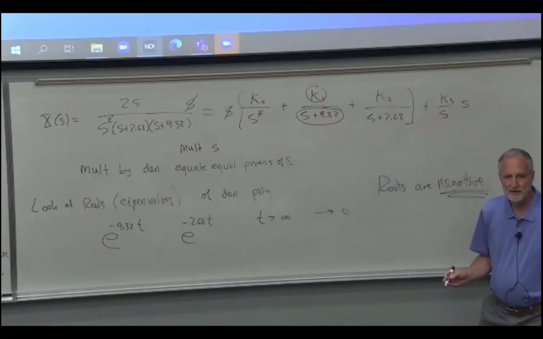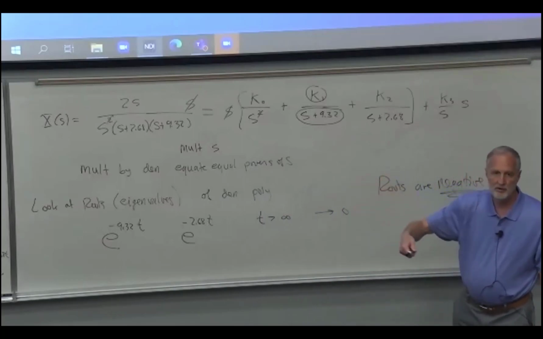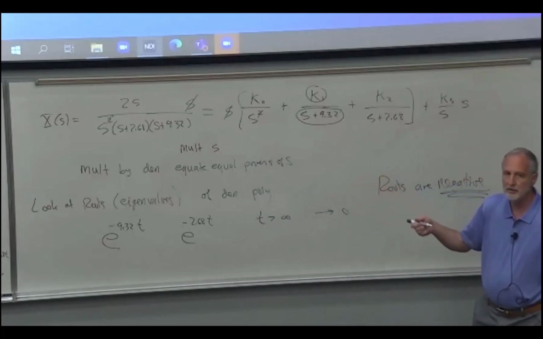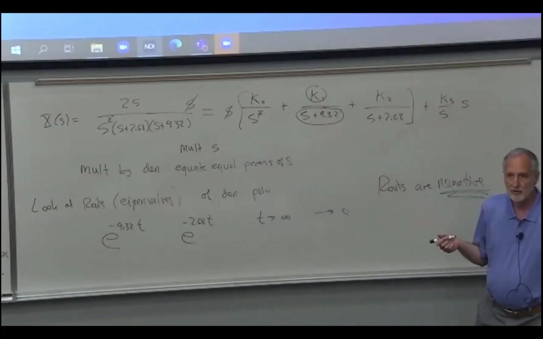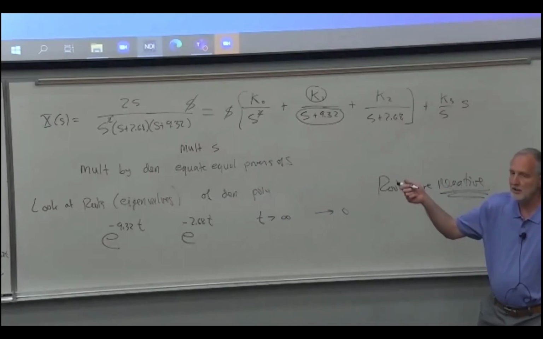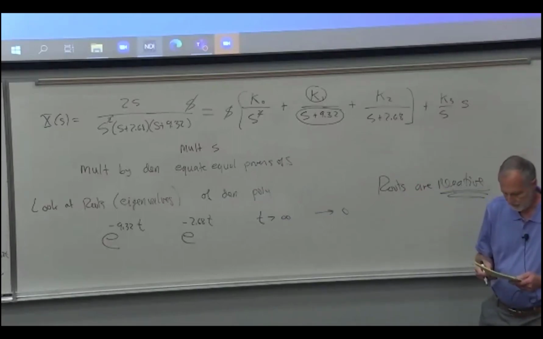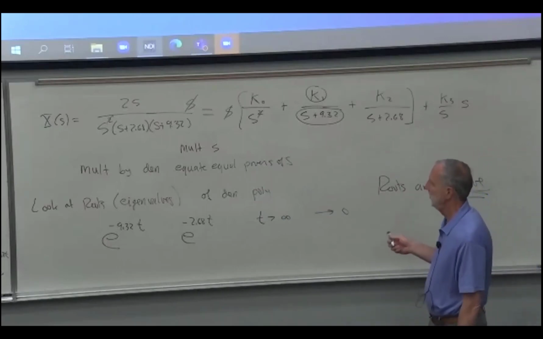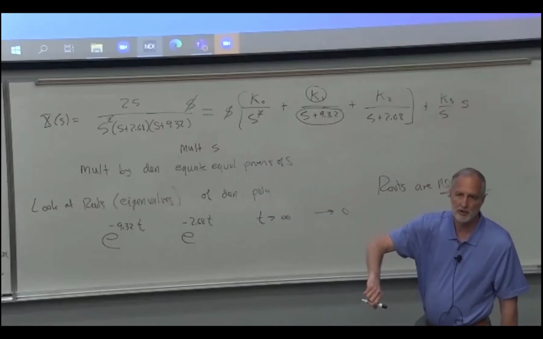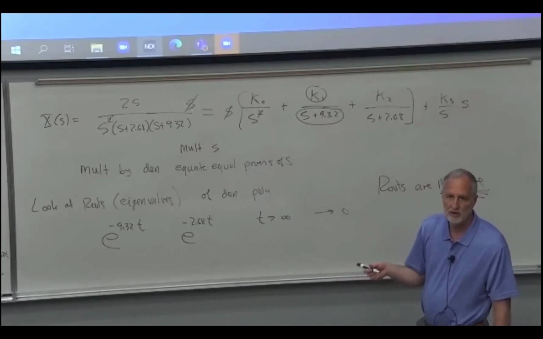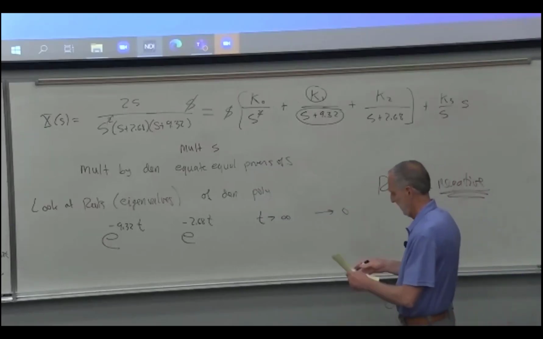And once we realize that every time we do another differential equation, if we get all negative roots, it's going to damp out. It's going to go to 0. And we're always going to have a steady state solution, and it's always going to damp out to it. So we learned that we can actually just look at the roots before we do the partial fraction expansion, and we know what the response is going to look like.